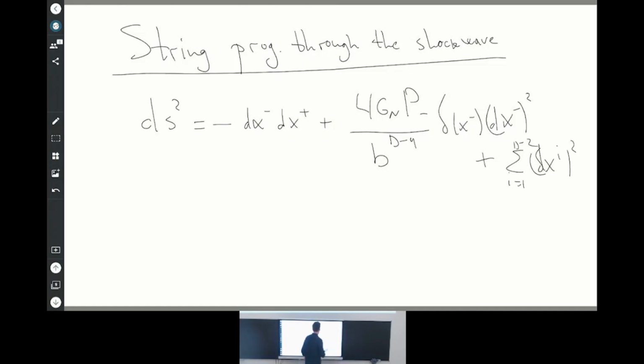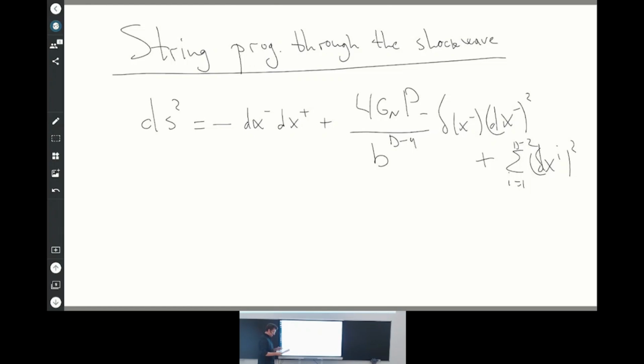And now we want to propagate a string through this shockwave background, and the statement is that you can solve the string equations of motion. It was done first in the 80s, and the result is very simple.